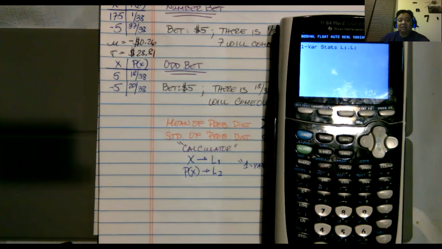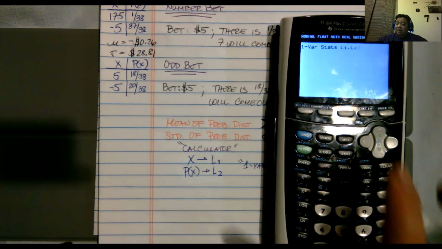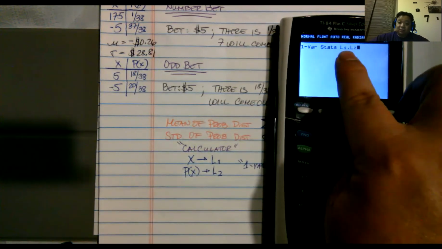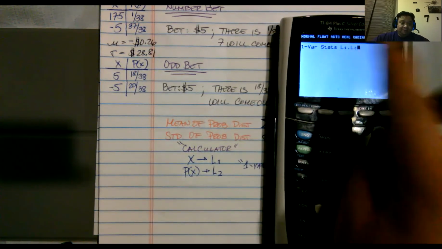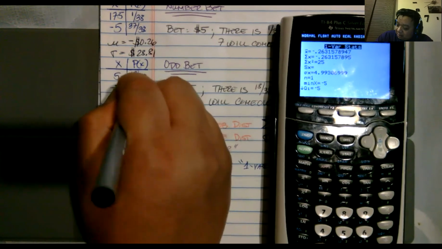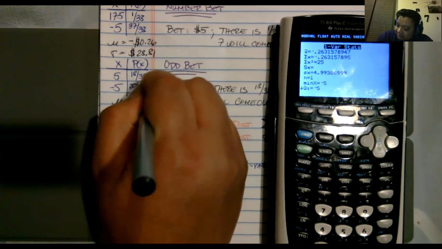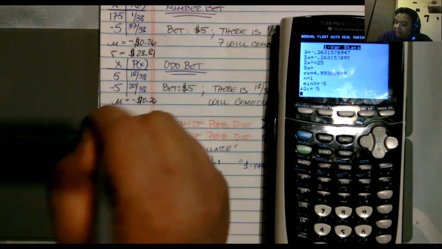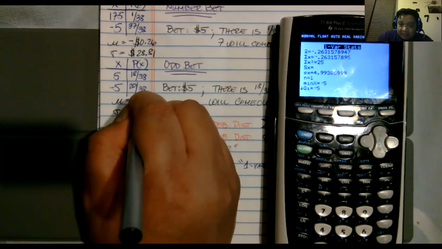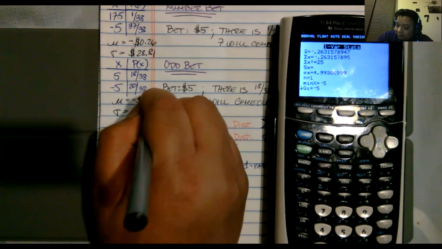So one variable statistic, L1 comma L2. And again, L1 has to be X, L2 has to be P of X. Otherwise, what you put on there will have to be in the proper order. The first one should be your X, the second one should be your P. Okay. And so now this one, the mean is negative 0.26. And then the standard deviation is 4.99.